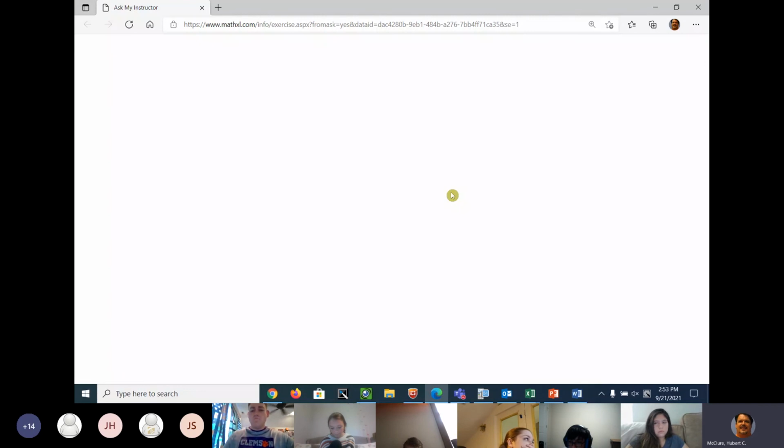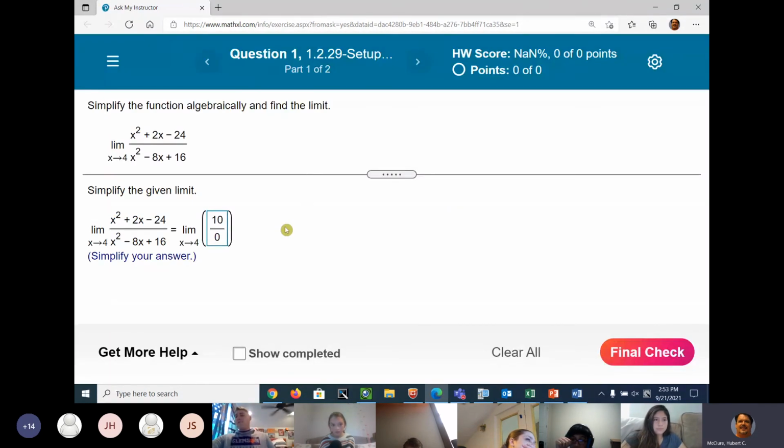This one says limit as x goes to 4 of x squared plus 2x minus 24 over x squared minus 8x plus 16.